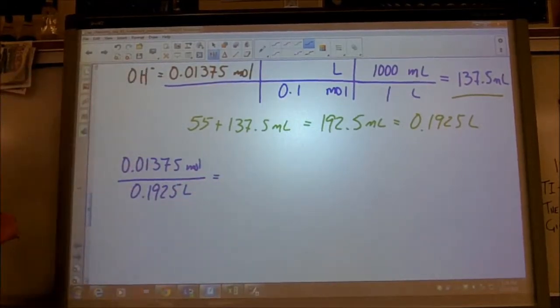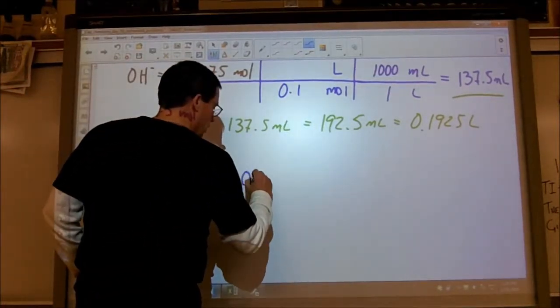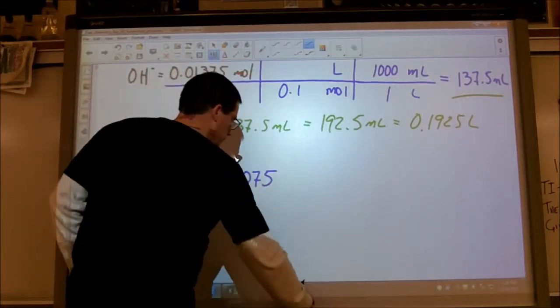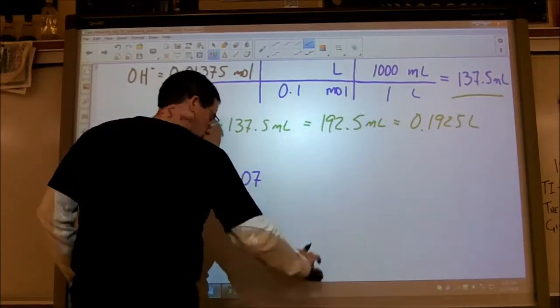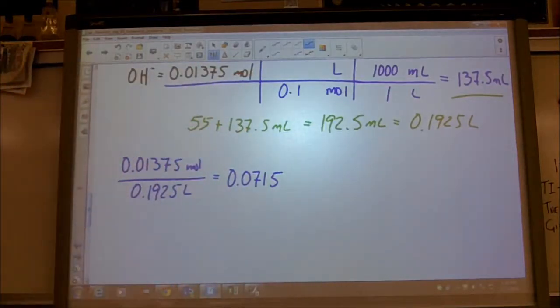You guys are leaving me out to dry. 0.0714. Okay, 0.075. Oh, and now we have to do that 14 minus the negative. No, not yet. Is that the correct molarity? Let's start off with that.